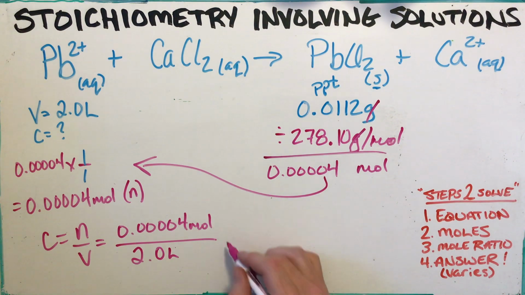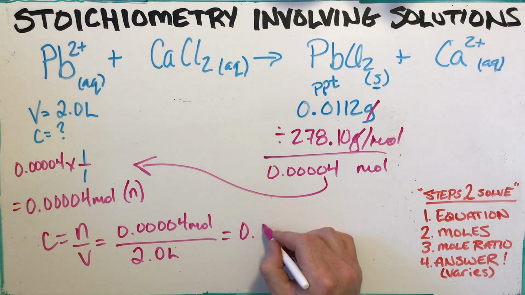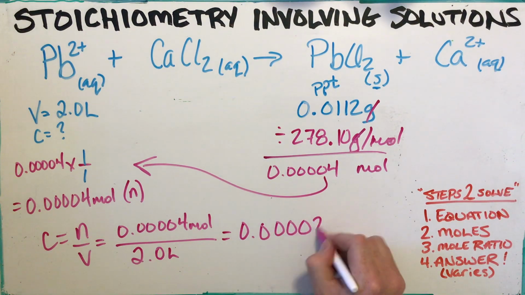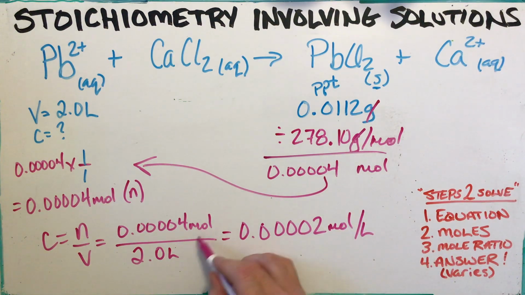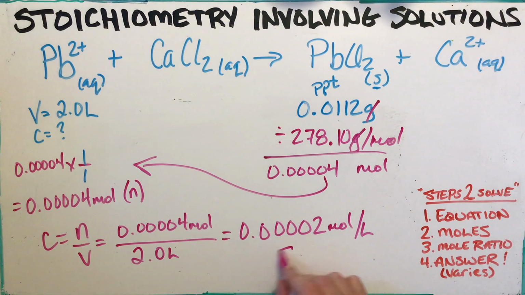And when I divide that out, it ends up being 0.00002 moles per liter, because neither of these cancels. These units, moles and liters, can't cancel that way. So that's the concentration, square brackets, of our lead ions in the solution.